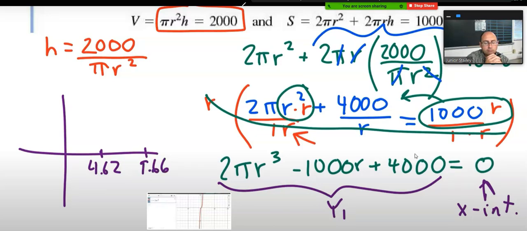Now, those two places would make the situation happen. You still have 2 liters of volume and only 1,000 square centimeters of surface area. Will it change the height if we choose the 4.62 versus the 9.66 radius? Probably.